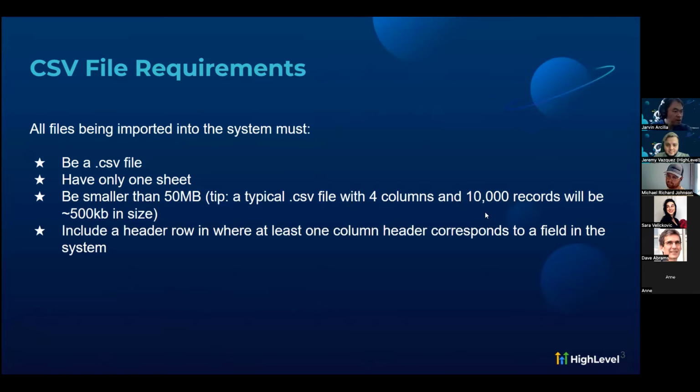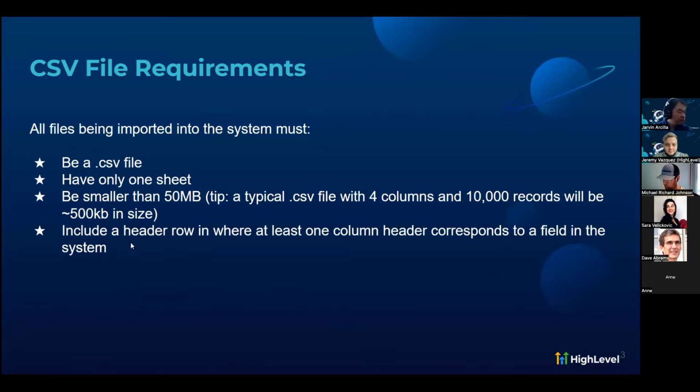The file size for this is usually 4 columns with 10,000 records. So if you have any data that's larger than this, you may want to break it down into multiple imports or multiple CSV files so that it doesn't break anything in the system.